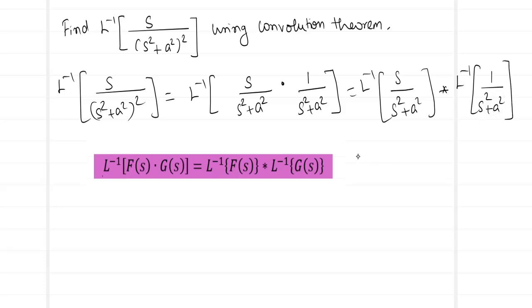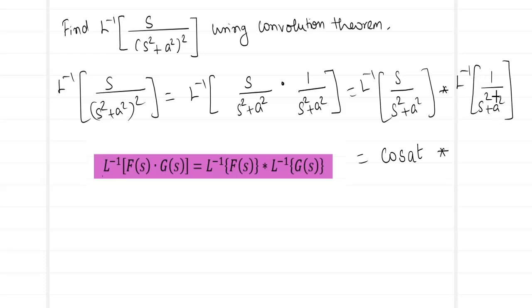Now we know the Laplace inverse for the given quantities. This has s in the numerator, so the function has to be cos. You have a in the constant part, so this gives me cos at. Convolution. How about the second quantity? Here you have a constant in the numerator and a square as the constant in the denominator.